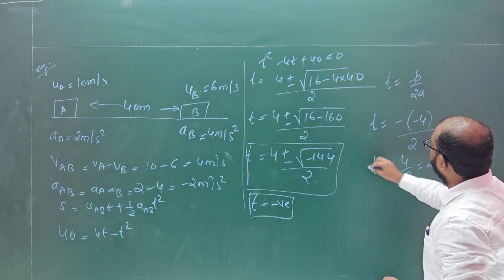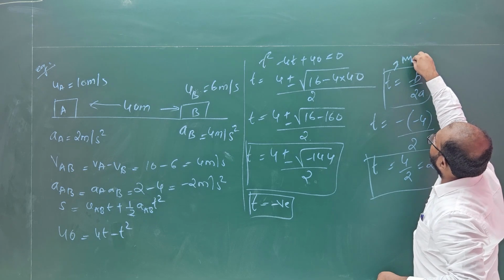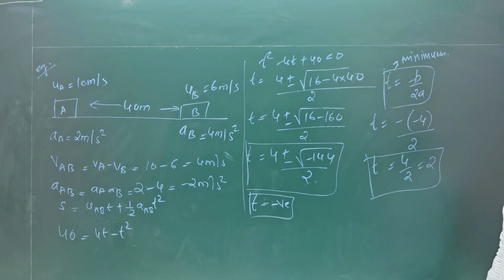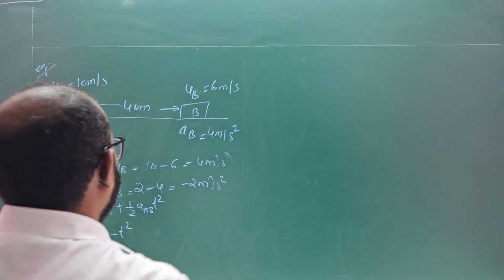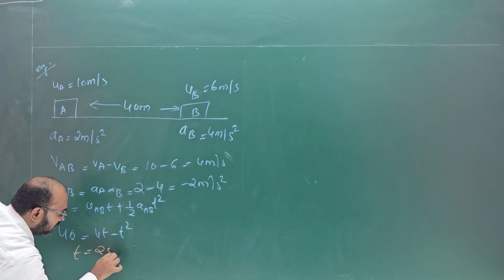This is 2, and this equation tells you the minimum value of the parabola. So T is equal to 4 by 2, that is 2. Okay, substitute and tell me the answer. Okay, and from here we got the time period T is equal to 2 seconds now.